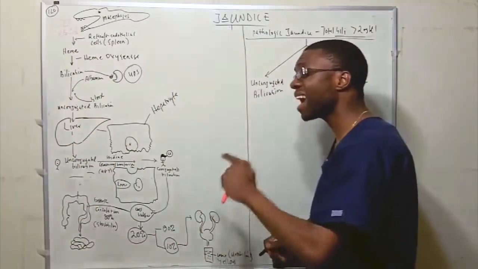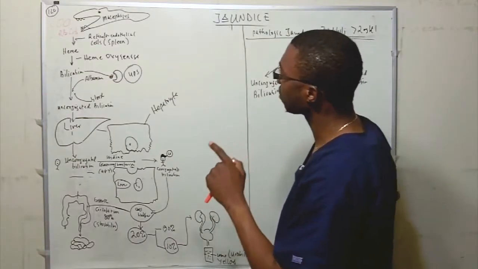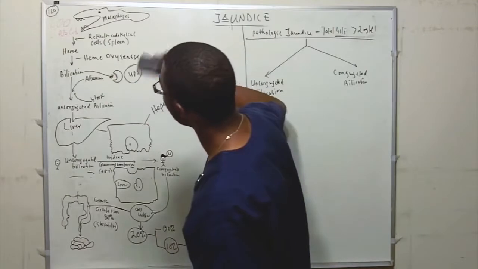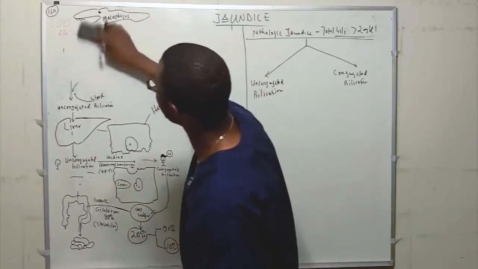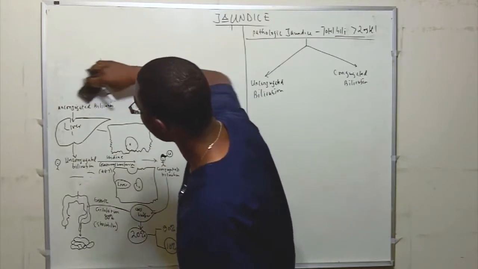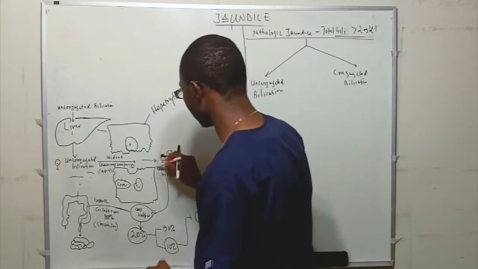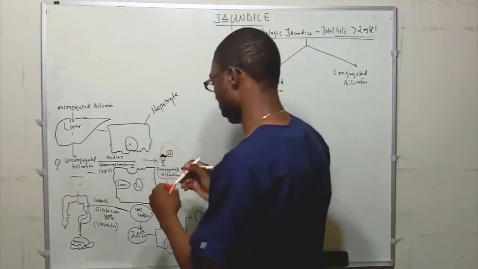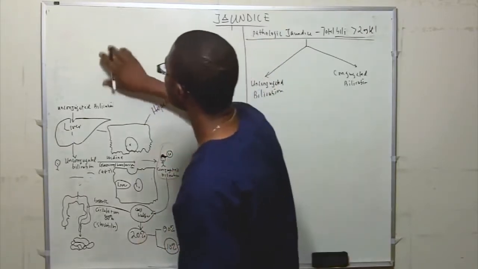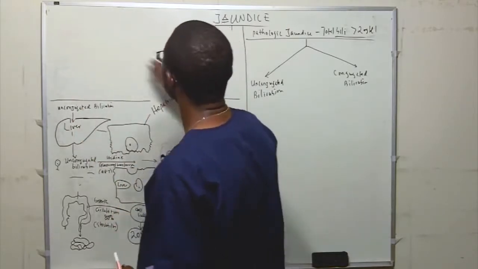I'm going to erase this part since we already know where unconjugated is coming from, and we're just going to leave the unconjugated part. Because I want you to see that once they come out here, this is the conjugated part. But I still have to draw out anatomy so you can understand a little bit.